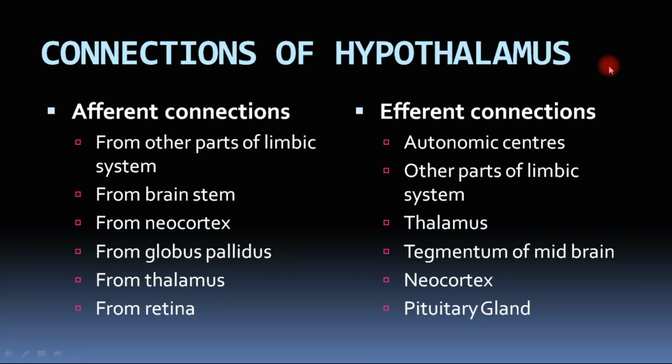Now coming to the second part of this lecture, that is the connections of hypothalamus. Hypothalamus performs the integratory function in our body. It is the head ganglion of autonomic nervous system. It is involved in emotional responses and it has various other integratory functions in our body.